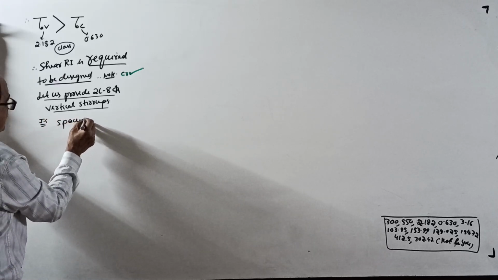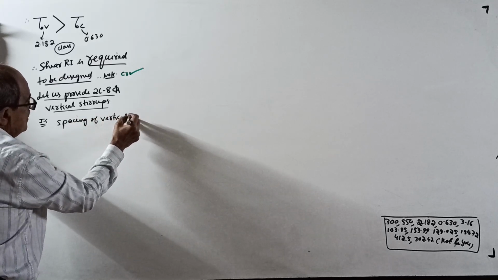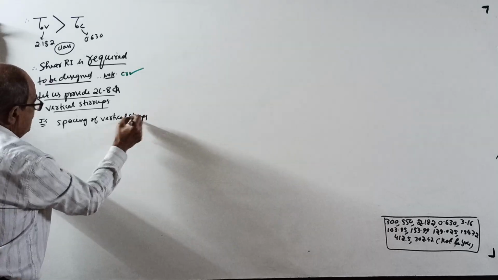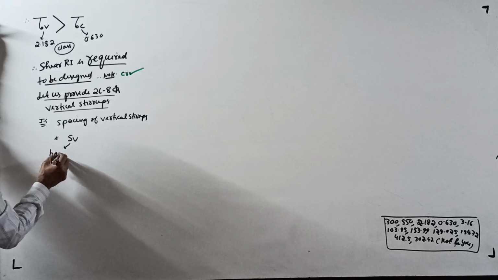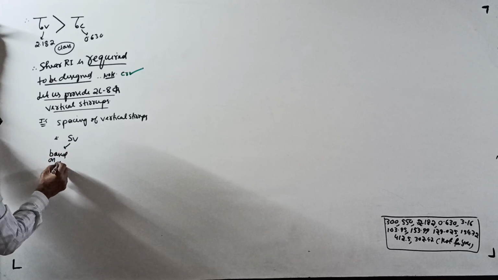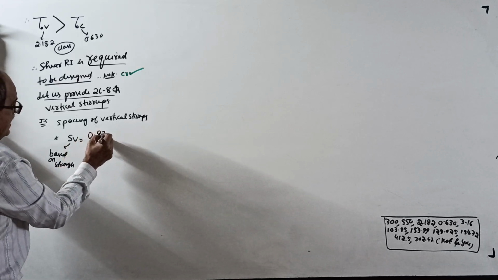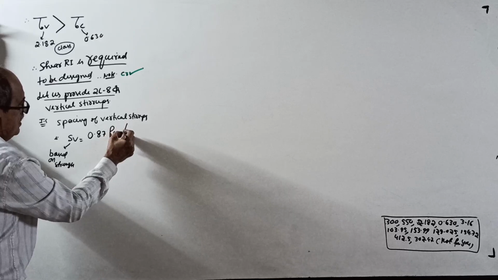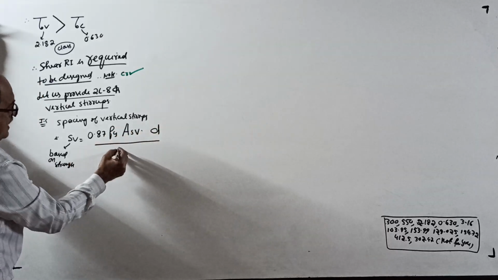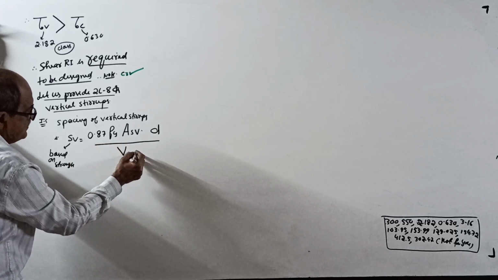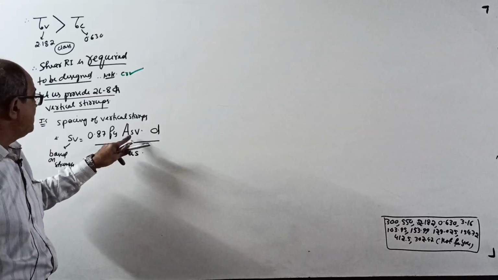Spacing of vertical stirrups, SV, remember, based on strength. This is very, very important. I told you 1000 times. Strength equal to 0.87 Fy into ASV into D divided by VUS. This is the formula for spacing of vertical stirrups.